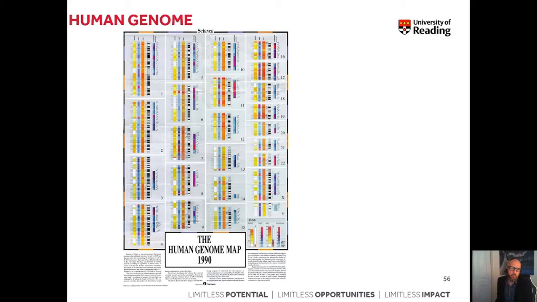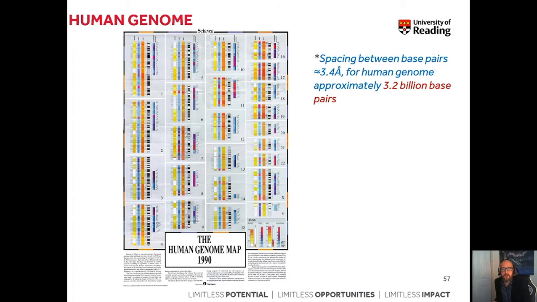And this is something we understand quite well nowadays, because in the 90s the human genome was sequenced for the very first time, and it was recognized that the spacing between base pairs in the human genome is around 3.4 angstrom, with 3.2 billion base pairs in total.